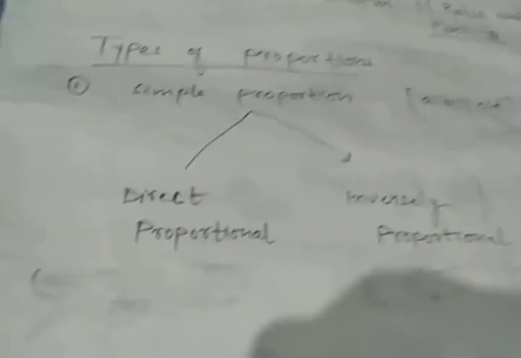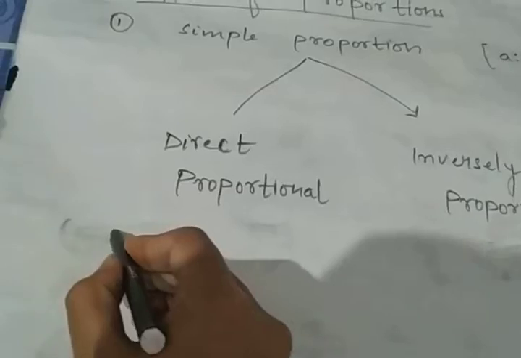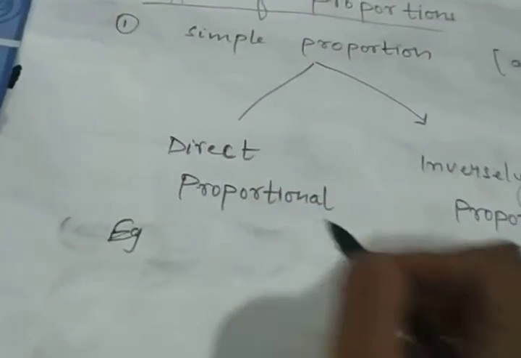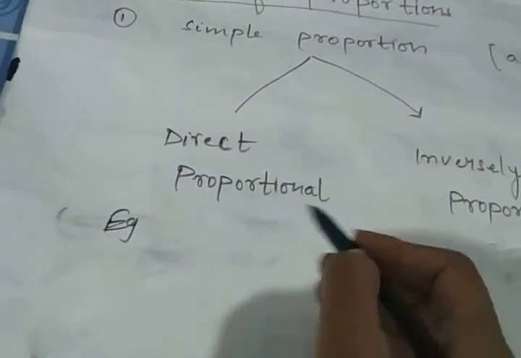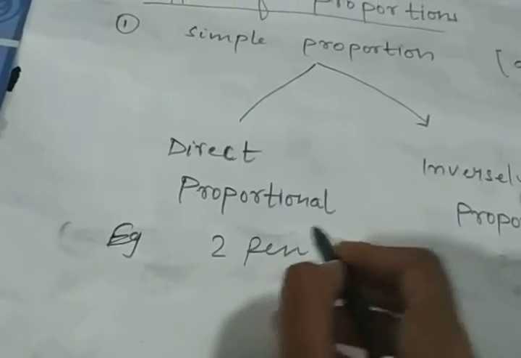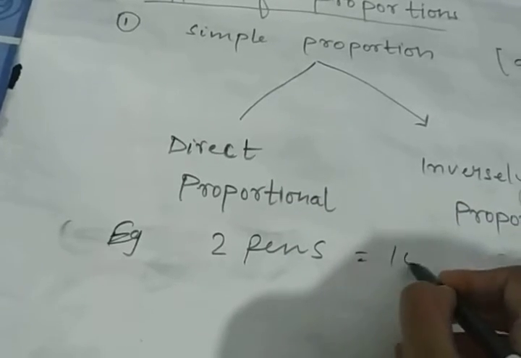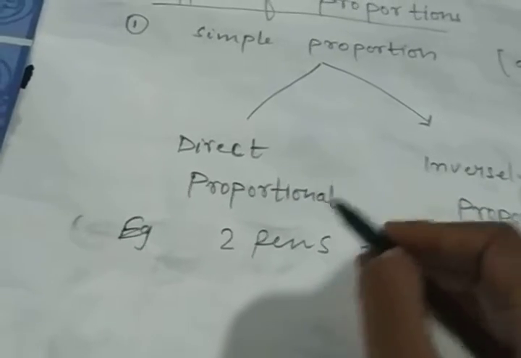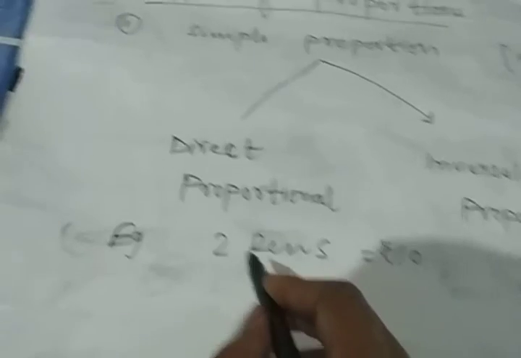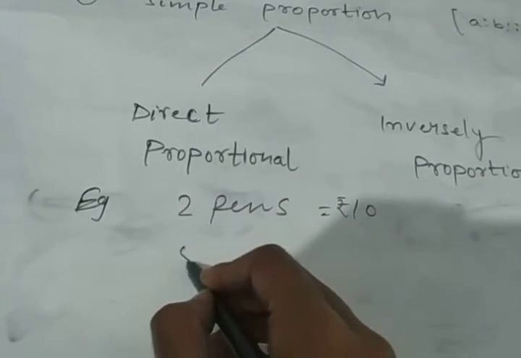Direct proportion, we can understand it with an example. Mr. X, or any person, purchased 2 pens. The cost of 2 pens is 10 rupees, and the same day they purchase 5 pens.